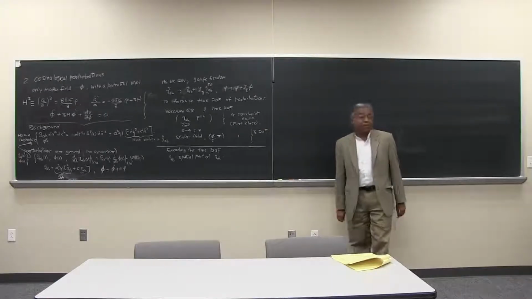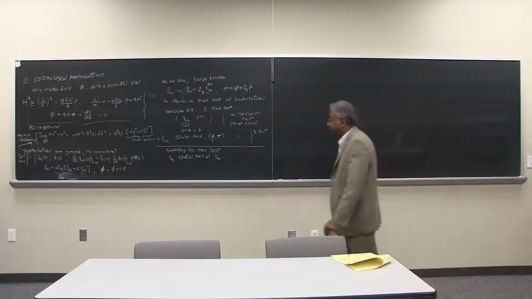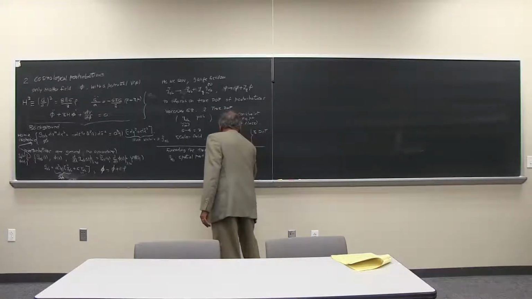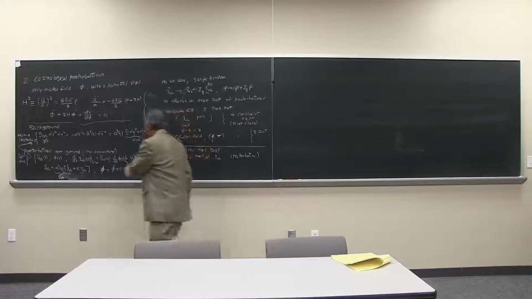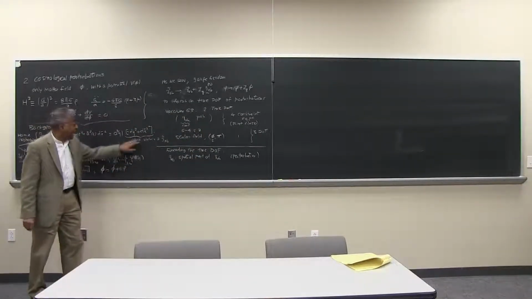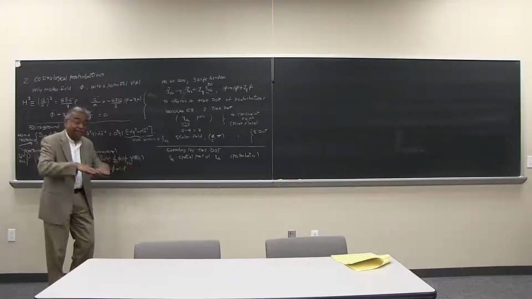Now the point up here is that gamma AB is a part of this perturbation. This perturbation lives on the background space-time, and spatially, the 3-dimensional sections are spatially flat.